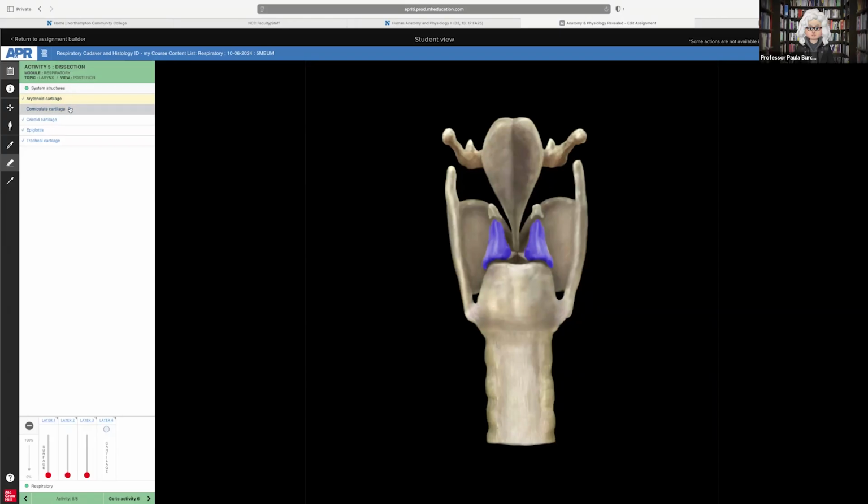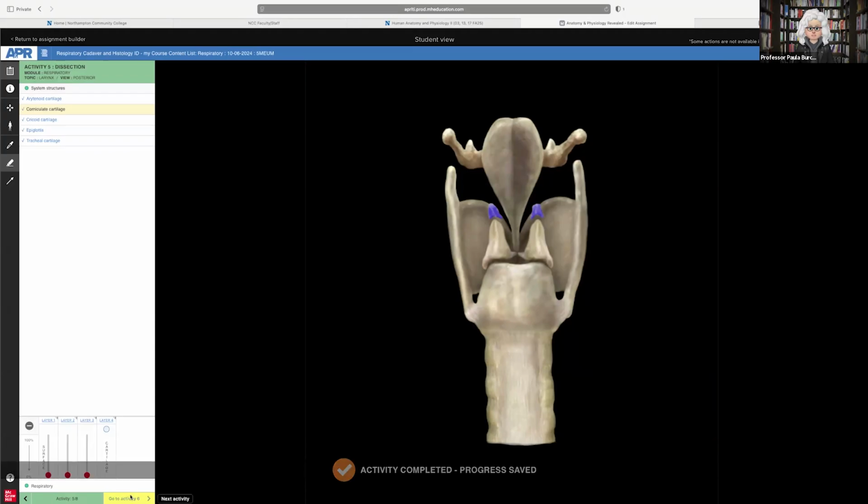On top of each arytenoid, you're going to have a little triangular shaped corniculate cartilage. Those are paired, so our paired cartilages are going to be the arytenoids and the corniculate here. We are not able to see the cuneiforms, so they are not on.